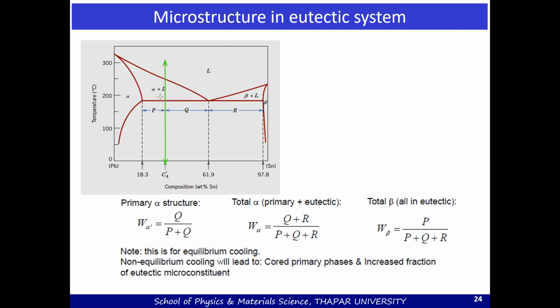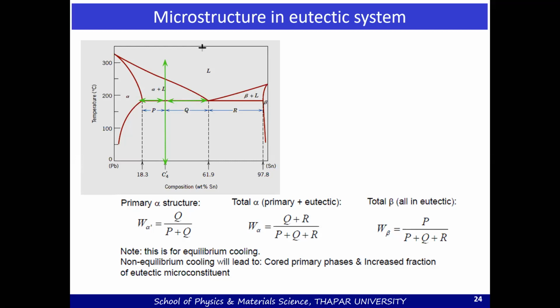So at this point, the final concentration of your primary alpha, if I want to find that, I have to draw the tie line on both sides. Remember, whenever you want to define the fraction of alpha, meaning in what proportion the alpha is present, we use the rule where if you want to find the concentration of the liquid, we use the proportion on the solid side, and if you want to find the proportion of the solid, we use the content on the liquid side.